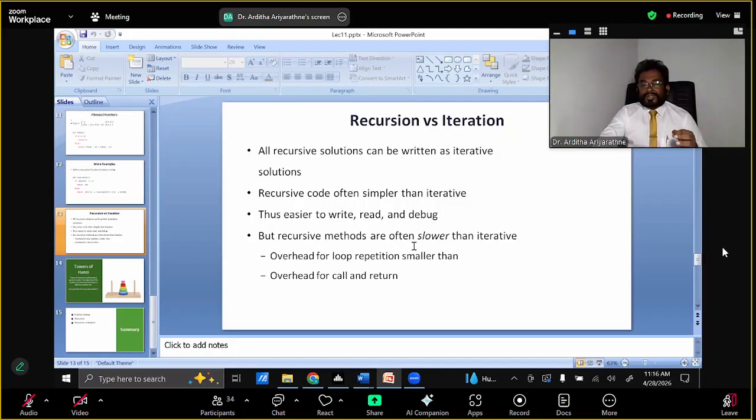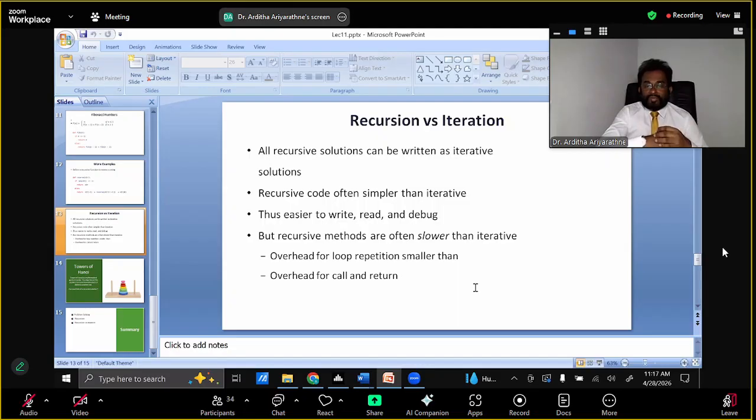But recursive methods are often slower than iterative. This process is somewhat slower when we compare with iterations. There is overhead for call and return, because overhead means something extra. When we compare with iterations, in recursion we have to do something extra.